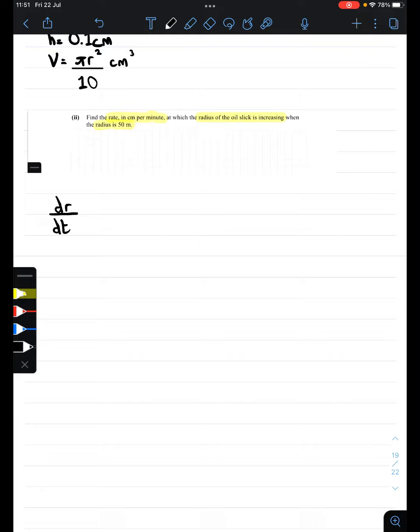Okay, well, we have this formula for v, which has r in it. So v equals pi r squared over 10.